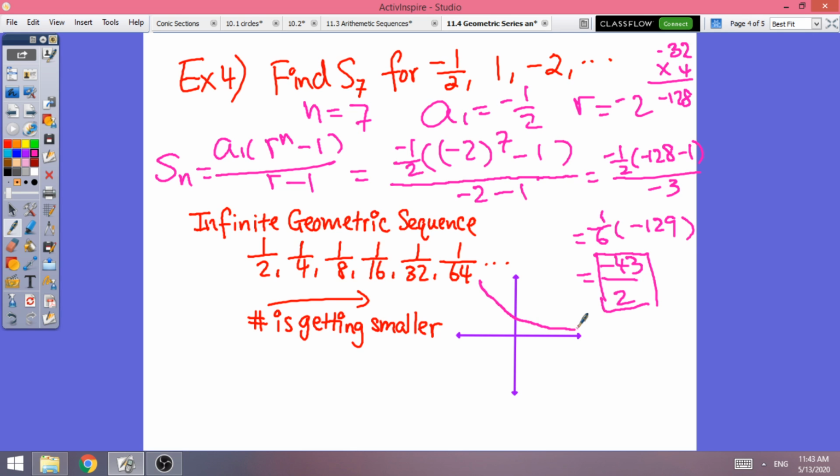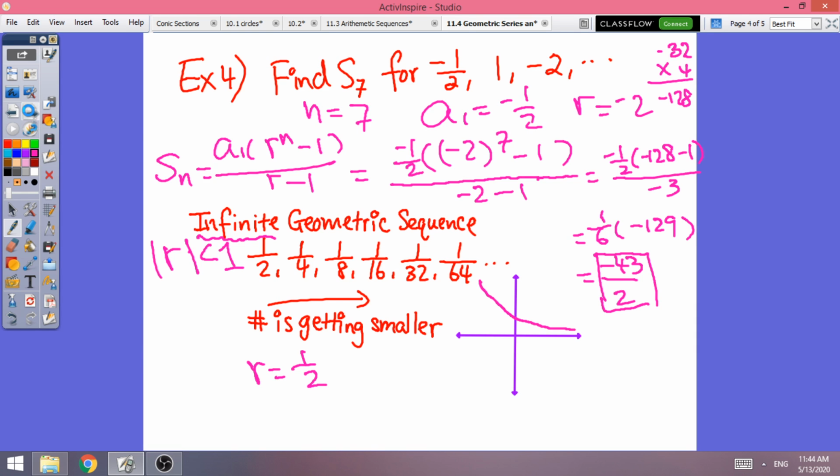The same thing happens with the infinite geometric sequence. As you can see here, the common ratio is a very small number. It's 1/2. Compared to what we got for the previous one, the common ratio is a big number, an integer. But anytime you see the common ratio is a fraction, so let's say r is less than 1, or you can say the absolute value of r is less than 1, that means this one would be considered the infinite geometric sequence.